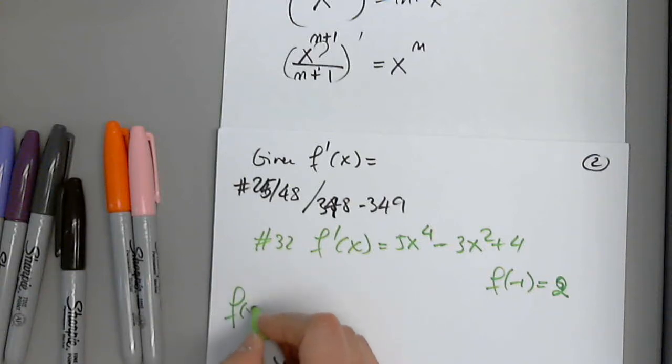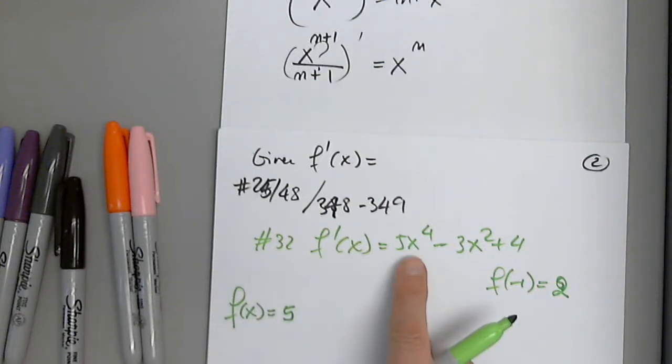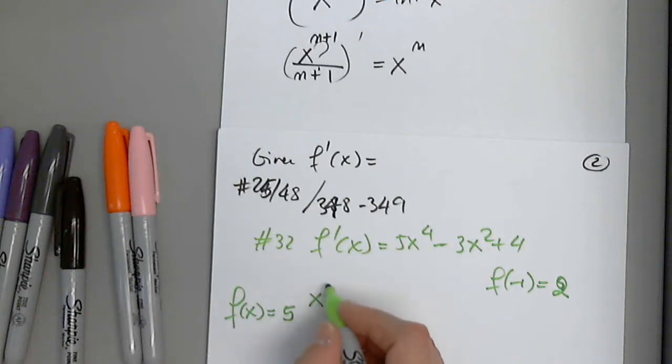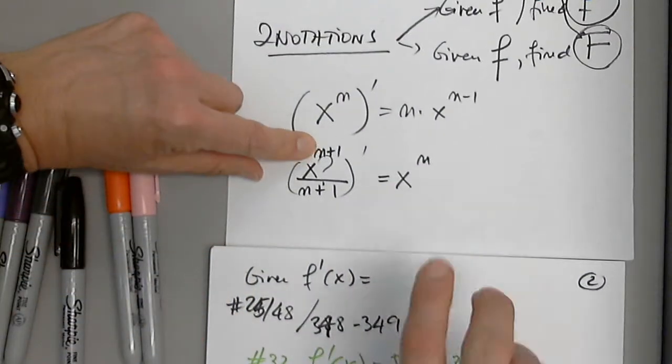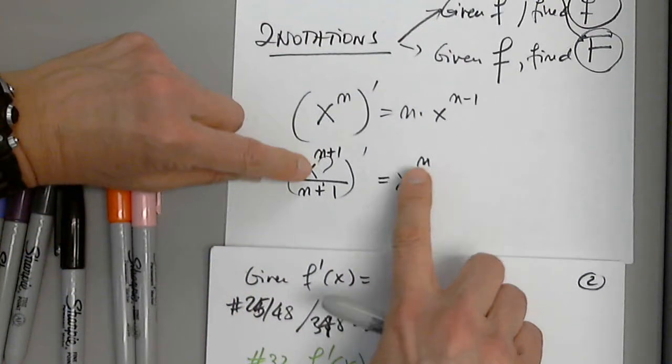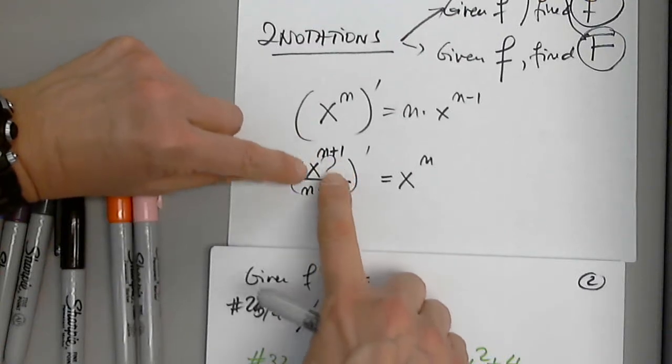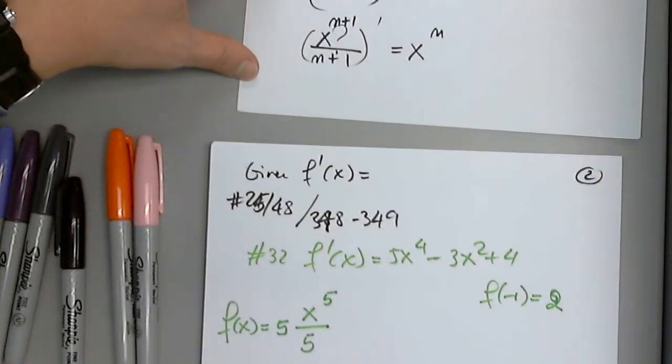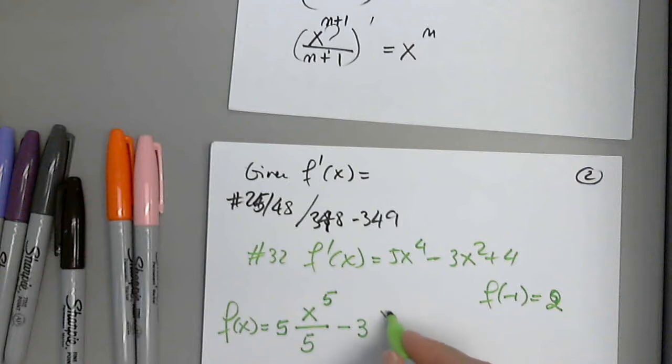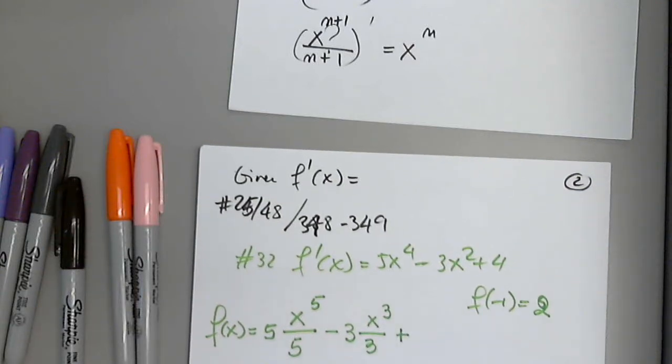So that will be f of x. 5 is 5. For x to the 4th power, I have to increase the power by 1 and divide by that number according to this. Increase the power by 1 and divide by that number. And then minus 3, x to the 3rd divided by 3. Now I'm going to stop and ask you, what function prime is 4?